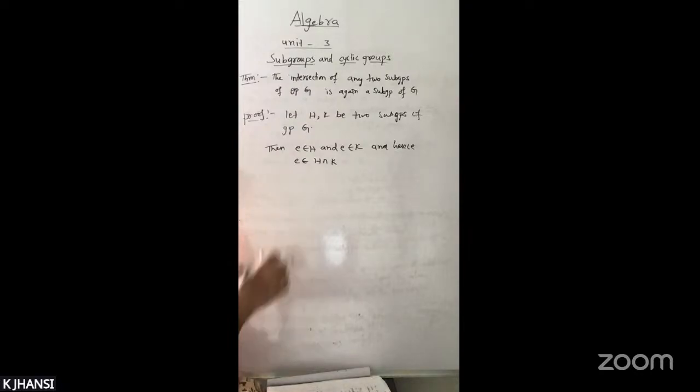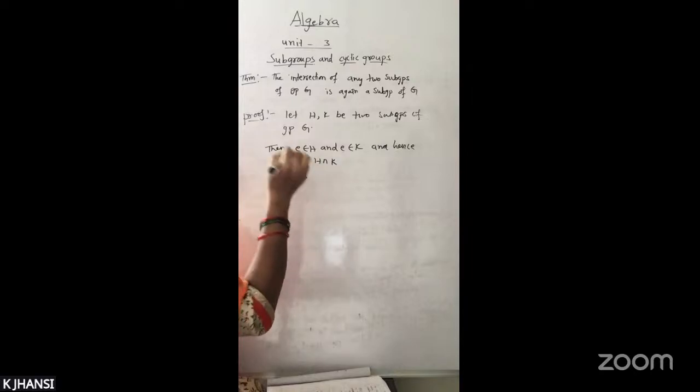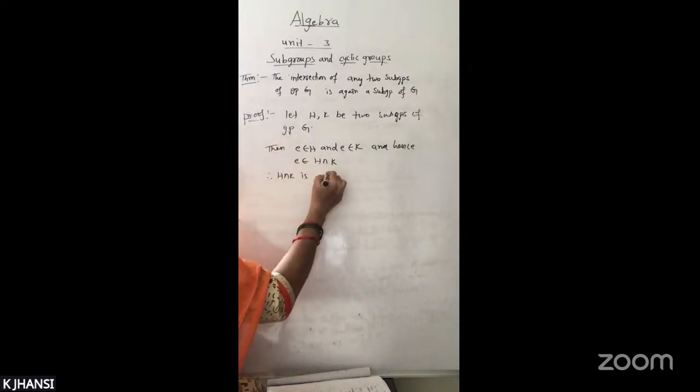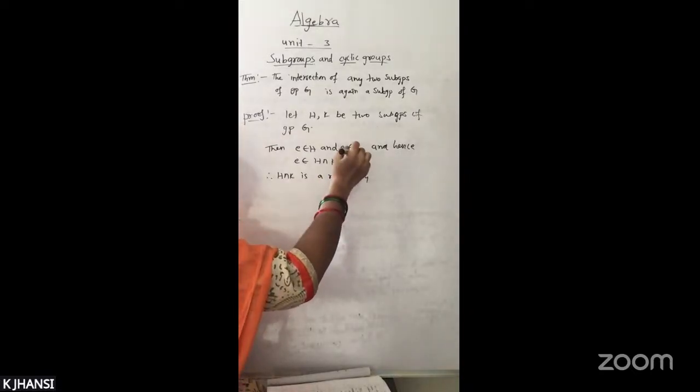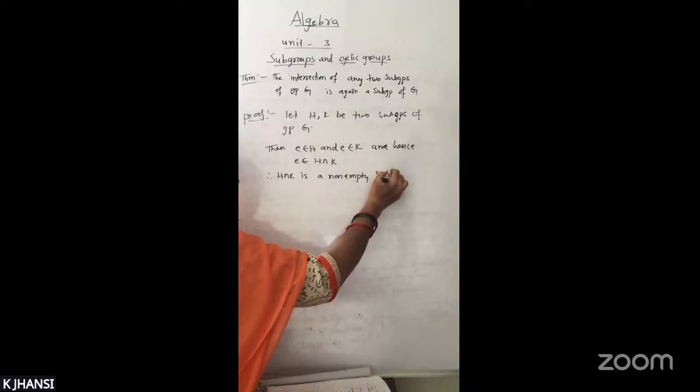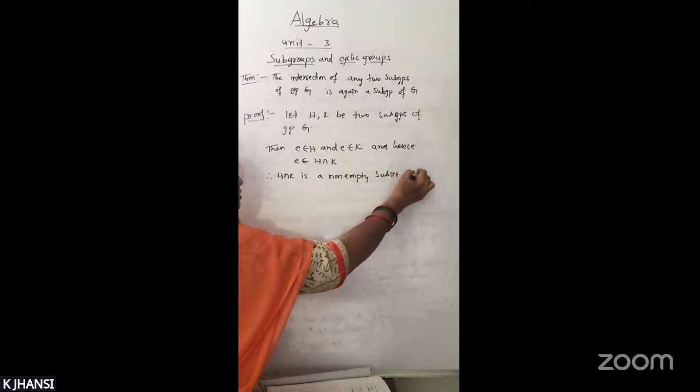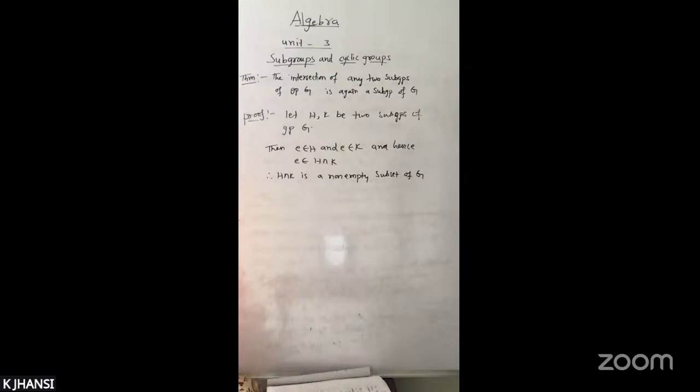Therefore, H intersection K is a non-empty subset of G. Non-empty in the sense that it has some elements.